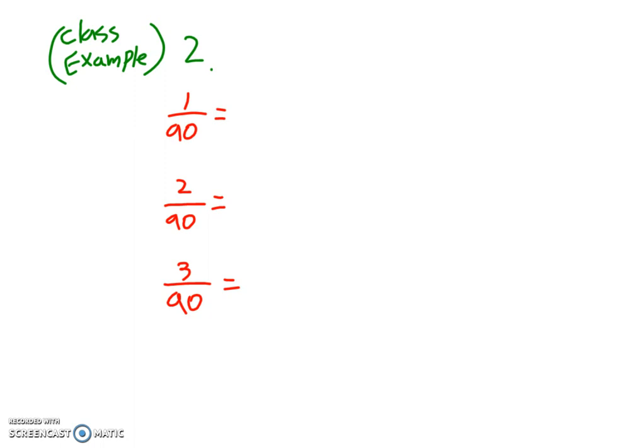Again, pause this video. Let them find out the decimal expression of these 3 fractions. Go. Now, in this situation, students should find that it should be 0.0111 repeating, which means 0.01 with 1 as the repeating decimal.